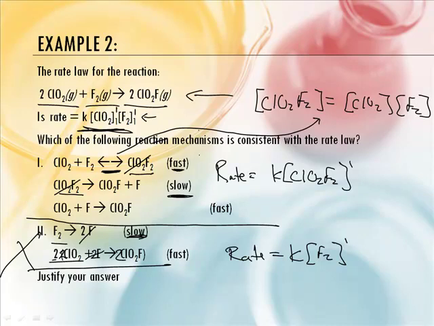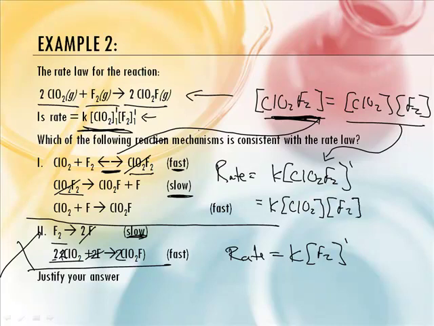You'll use the word equilibrium and maybe not even have the double arrow. But algebraically, if ClO2F2 is equal to ClO2 times F2, we can algebraically substitute that in here, and so you can say equals K times ClO2 parentheses F2 parentheses. And folks, that is the same as this. So number 1 is correct.